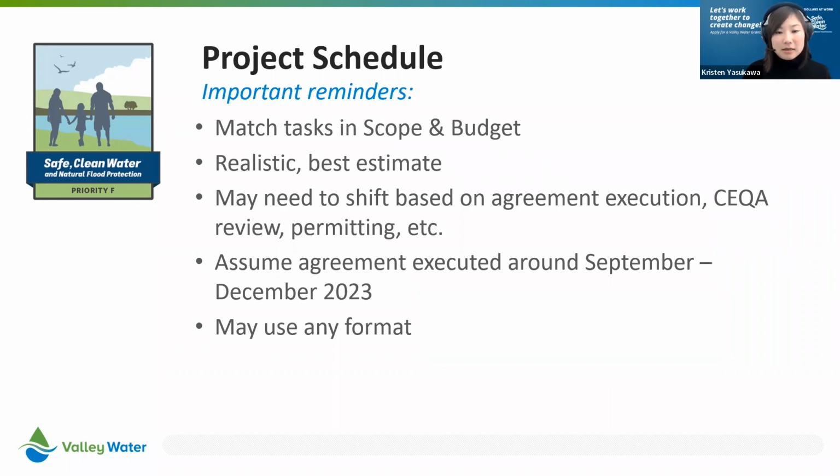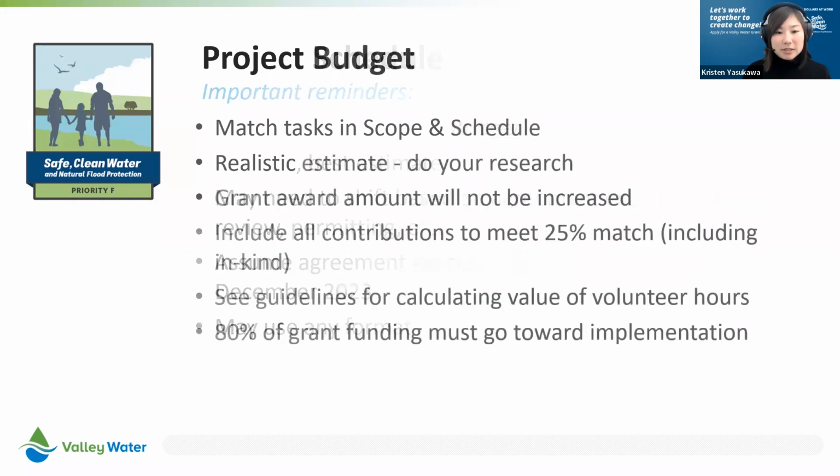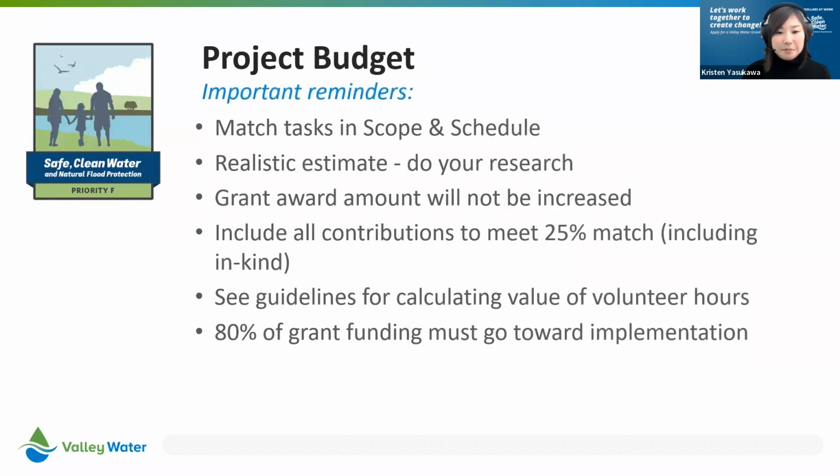All right, we can go to the project budget next. Okay, so for the project budget, it's the same tip as before, to keep the task names and numbers the same in the budget that you had in the schedule and that you had in the scope. It's very easy then for anyone reviewing it to see the commonalities between each one. Again, we are looking for very realistic estimates.